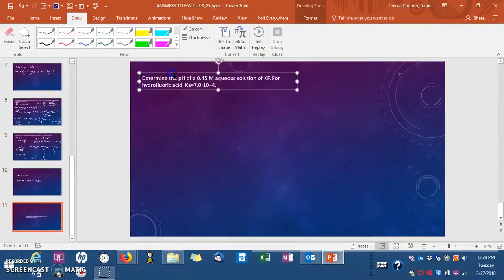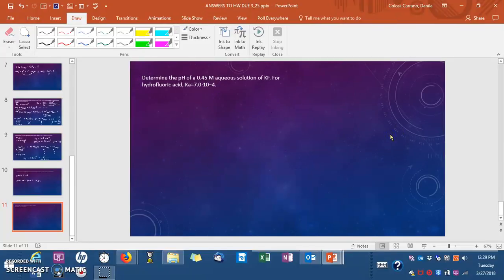Okay, so you have Ka, but again you have KF. KF would dissolve in such a way that K doesn't belong. So this one breaks into K plus and F minus, and this is the 0.45.